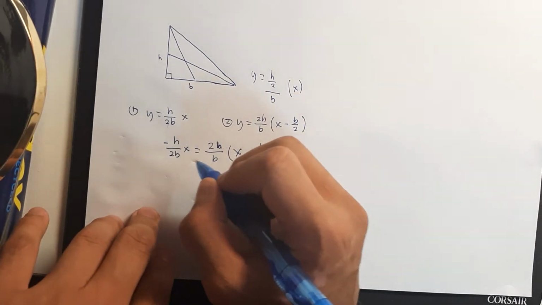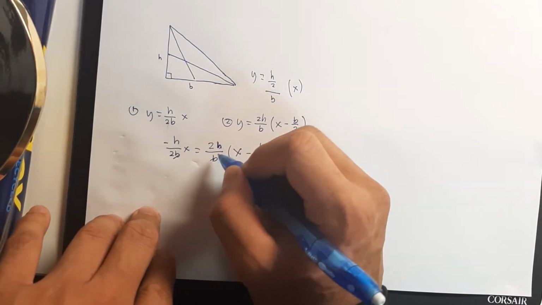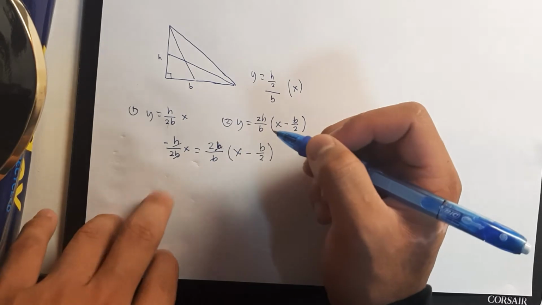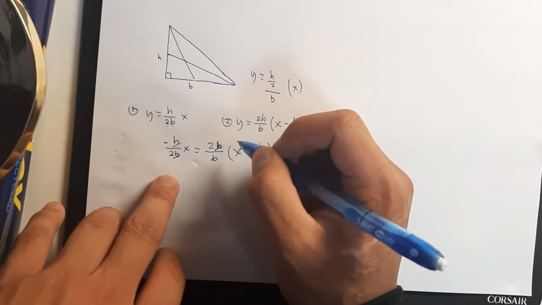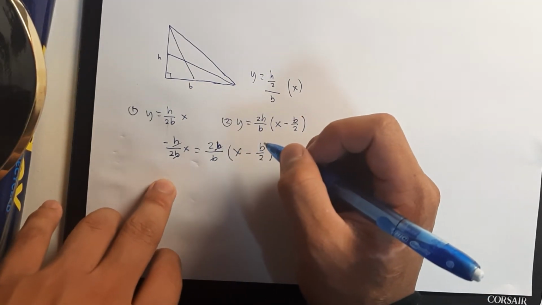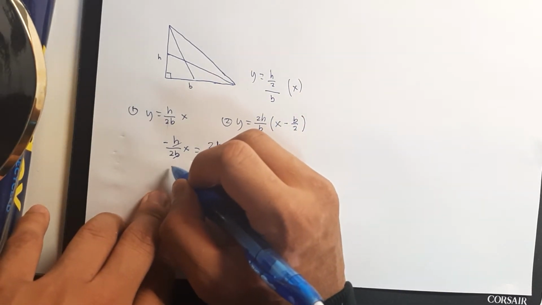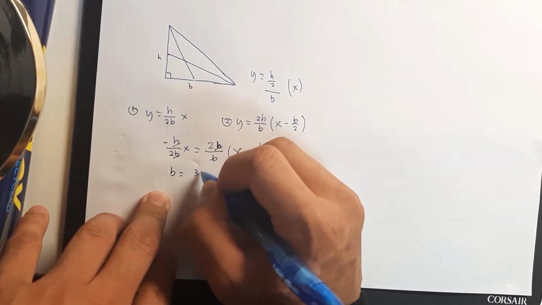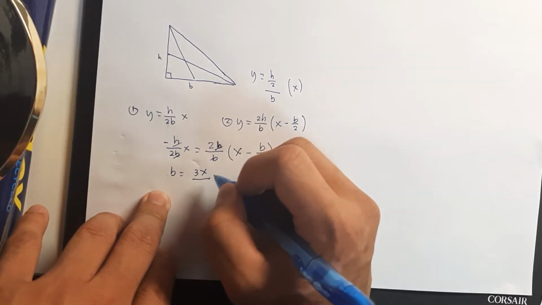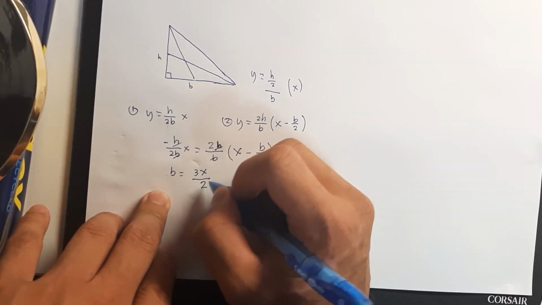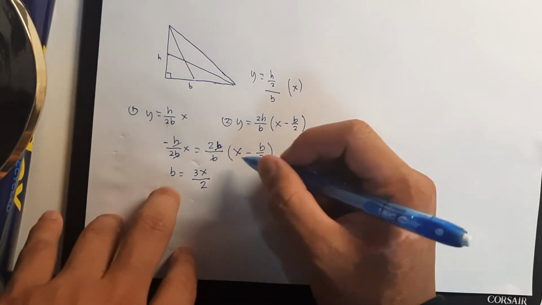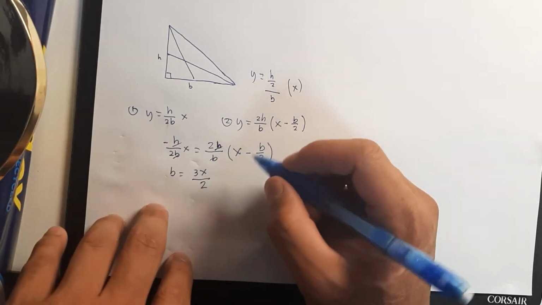So h cancels out, which leaves you with b equals 3x over 2. So we simplify that with these ones.